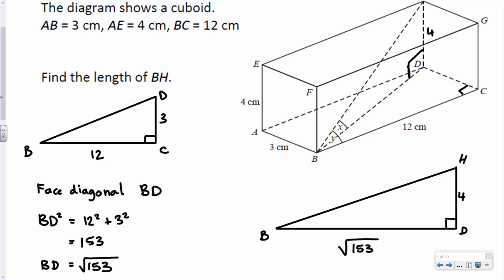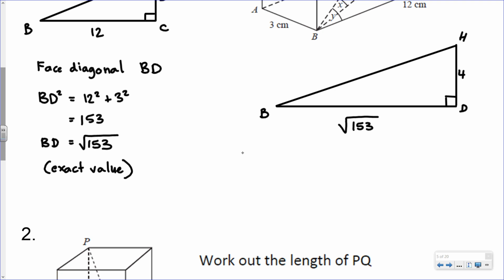So I'm now ready to work out the space diagonal B to H using Pythagoras. So B to H is another hypotenuse. So I'm going to take the two short sides. So I'm going to take the square root of 153 and square it and add it on to 4 squared. Now if I square a square root, I do in fact just end up with the number 153.